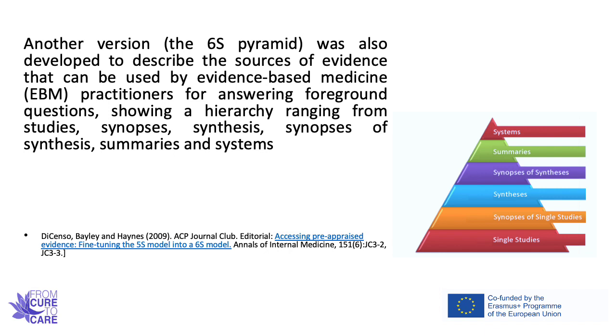Another version, the 6S pyramid, was also developed to describe the sources of evidence that can be used by evidence-based medicine practitioners for answering foreground questions, showing a hierarchy ranging from studies, synopses of studies, syntheses, synopses of syntheses, summaries, and systems.